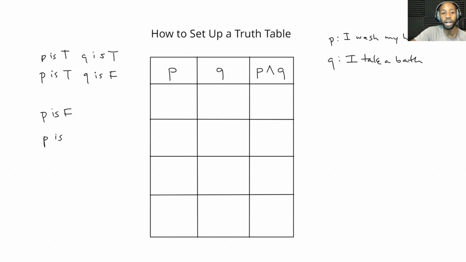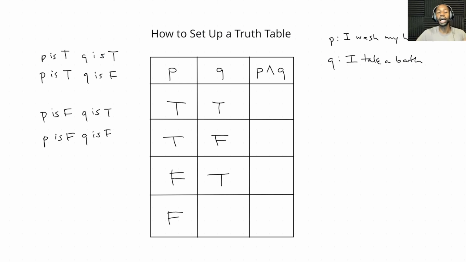So when P is false, there's a situation where Q is going to be true, and then there's a situation where Q is also going to be false. Four different situations. That's why you'll see T, T, T, F, F, T, F, F.